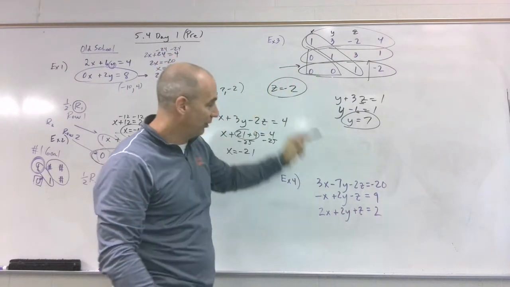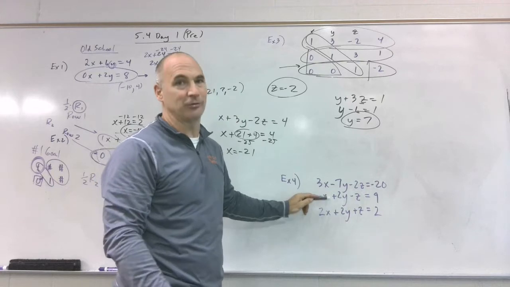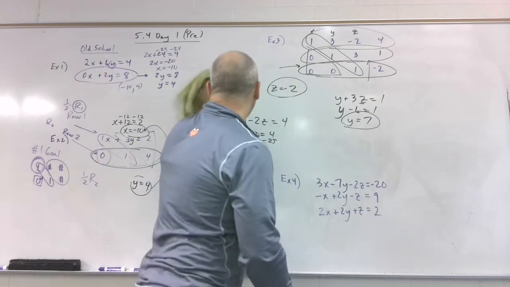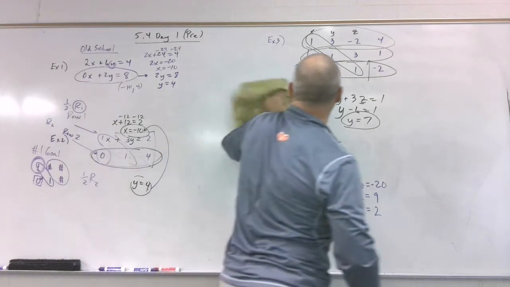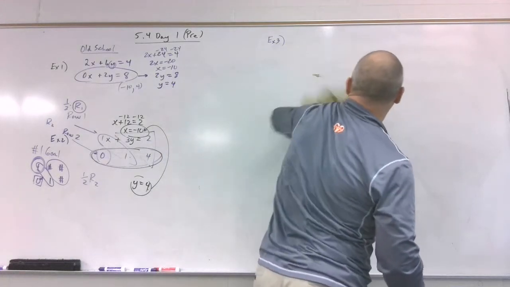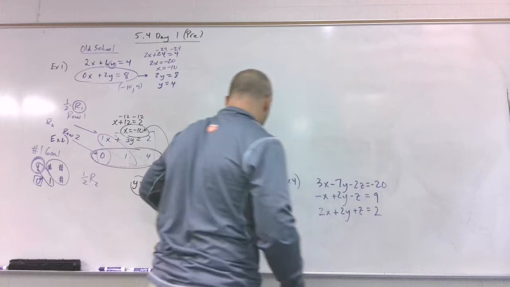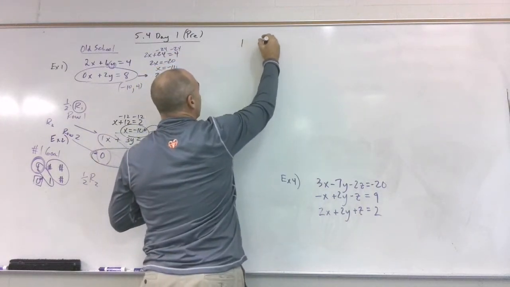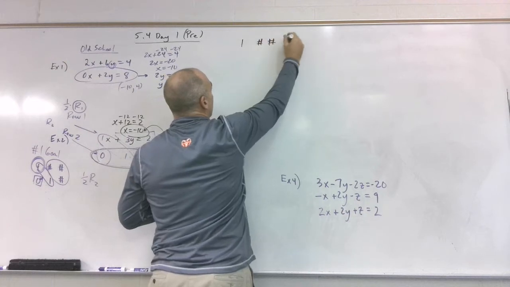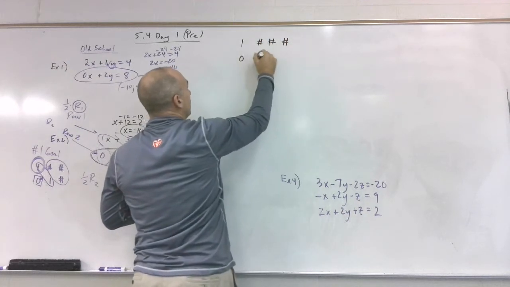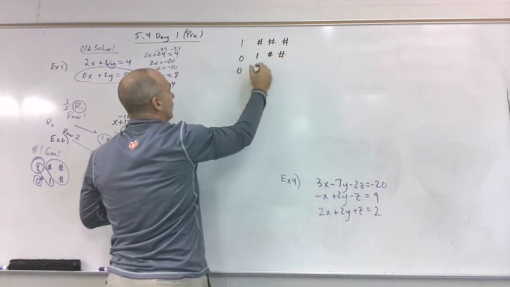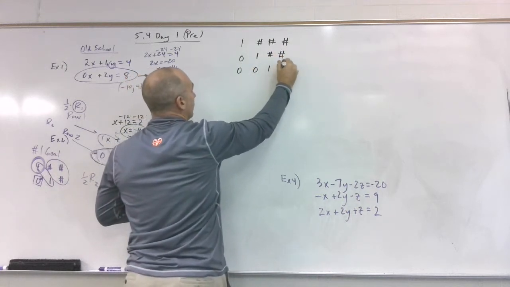This right here is the meat and potatoes. So bear with me. And here we go. I'm going to get rid of this so we have some space. And the next thing I'm going to do is put our goal up here: 1, number, 0, 1, number, 0, 0, 1, number.